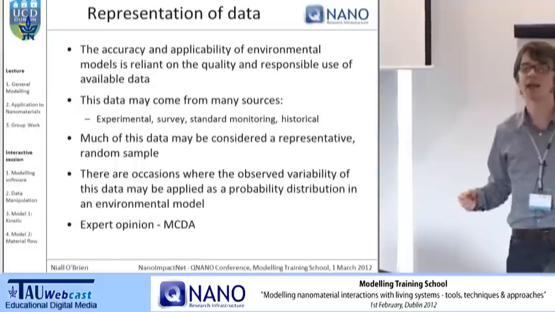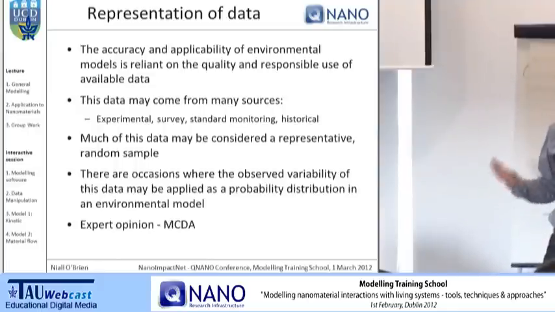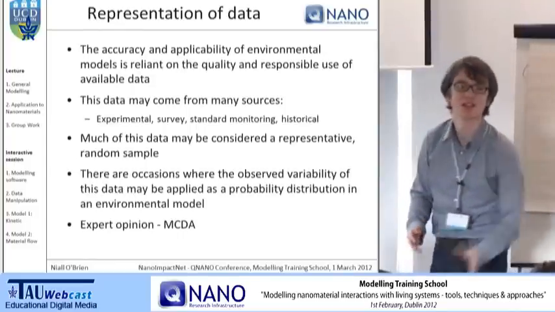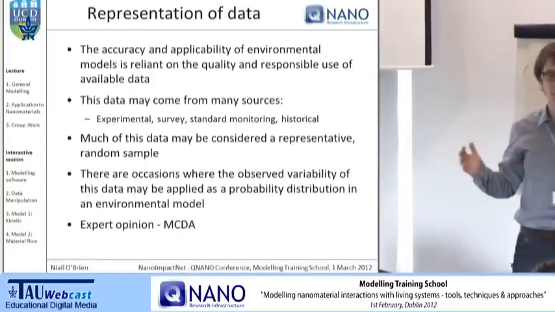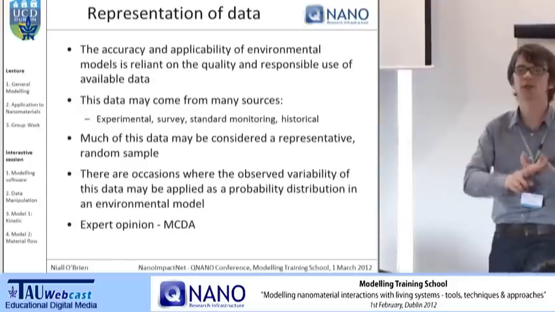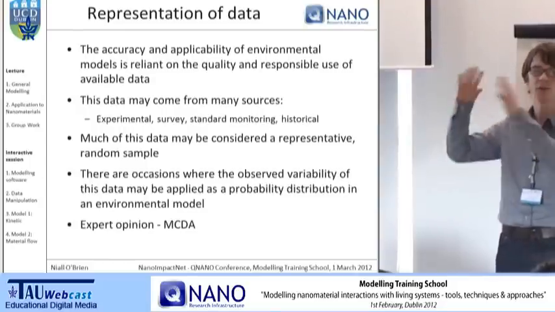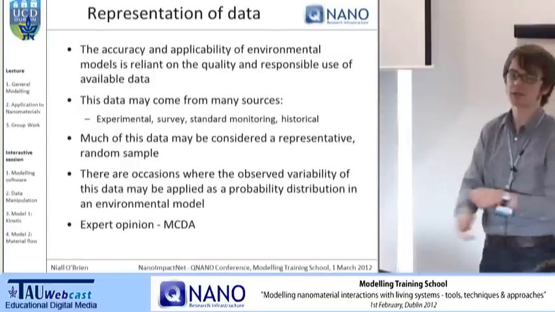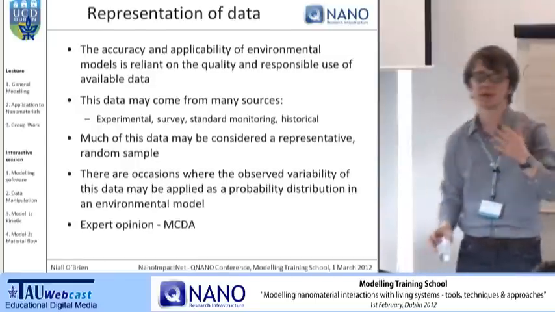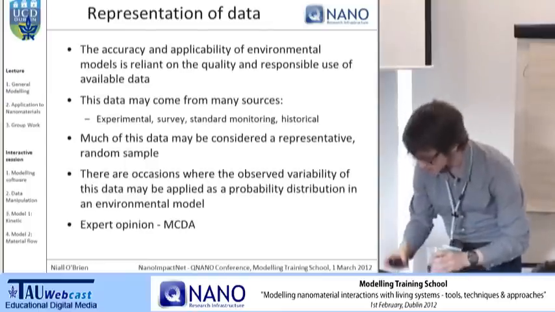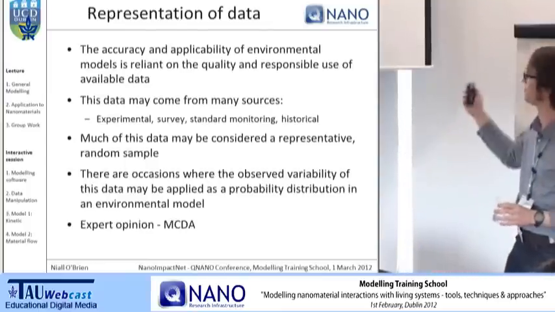If you talk about multi-criteria decision analysis and nanomaterials, just type in Linkov and nanomaterials into any research paper search engine, and you will get a very good overview of how this is used. He's used this to look at regulation. He's used it to look at prioritization of future studies into environmental fate and behavior. But we're not going to look at that right now.